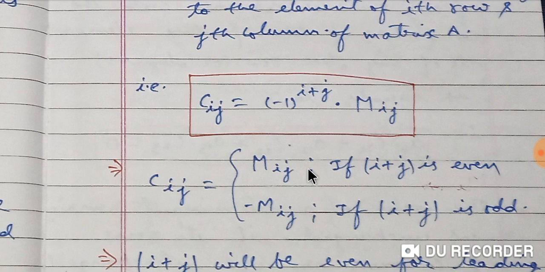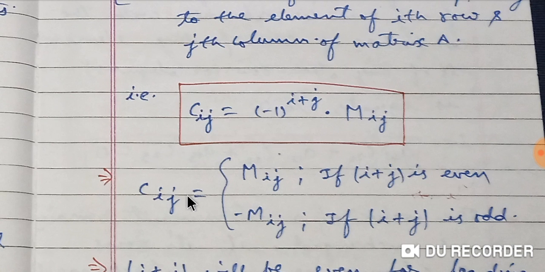These are the things you have to keep in mind for finding the cofactors. First of all, find the minors of the given element, then find this sign term, and then you can find the cofactors of a given matrix.